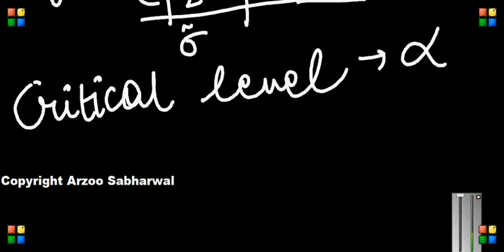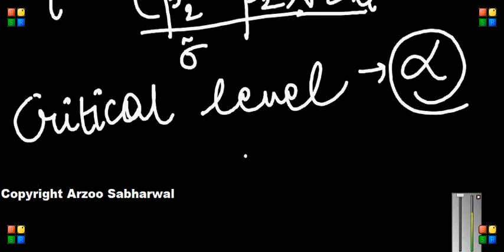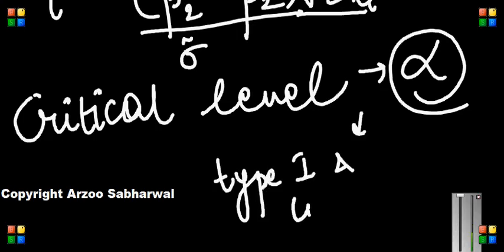Now what is alpha? For this we must know the meaning of type 1 and type 2 error.